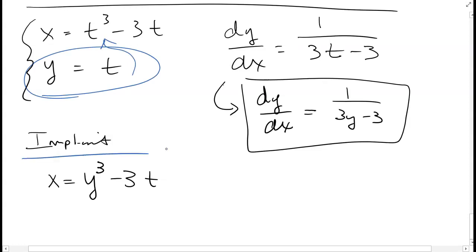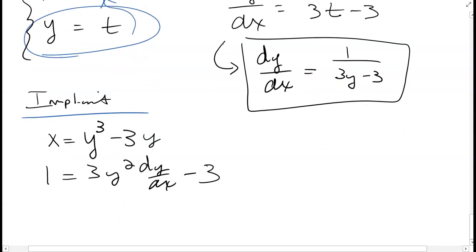Now I can do implicit, which is going to give me 1 equals 3y squared dy/dx minus 3 dy/dx. Then I've got to solve for dy/dx.